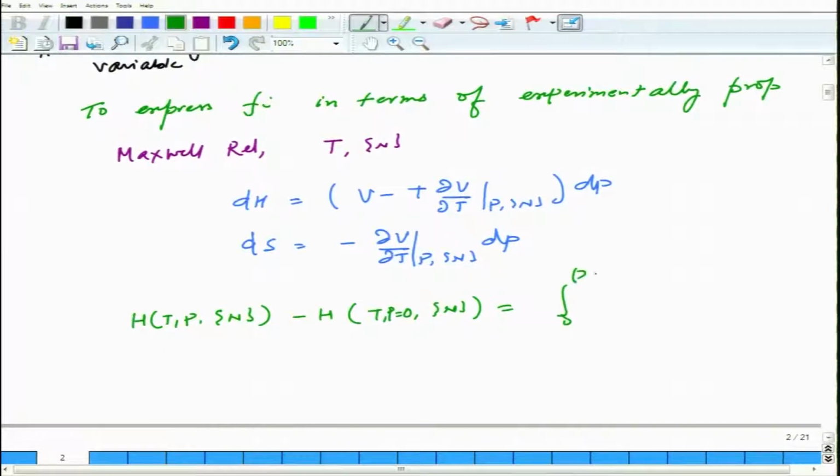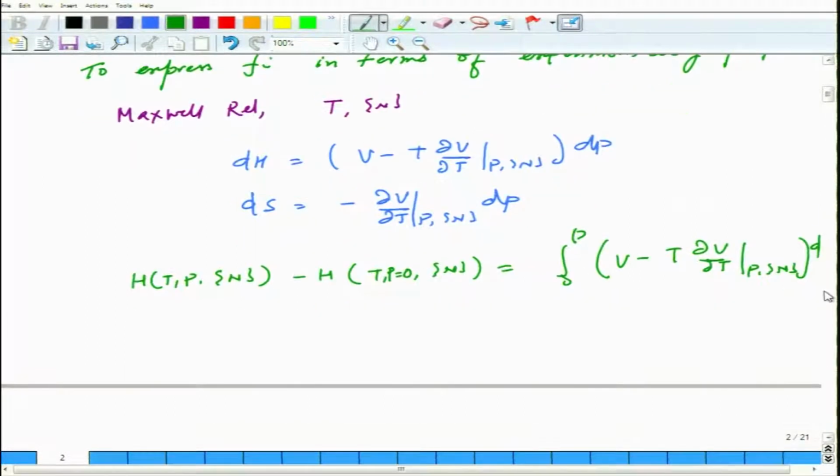So, this is going to be the integral from 0 to P of V minus T del V by del T at constant pressure, dP. Now, at 0 pressure we can approximate this to be an ideal gas, and in that case the partial molar enthalpy is nothing but the molar enthalpy.